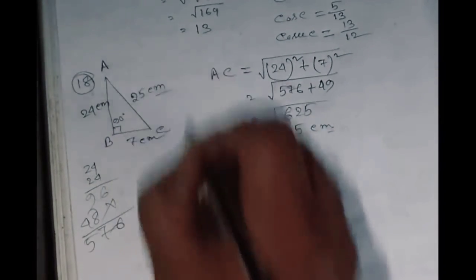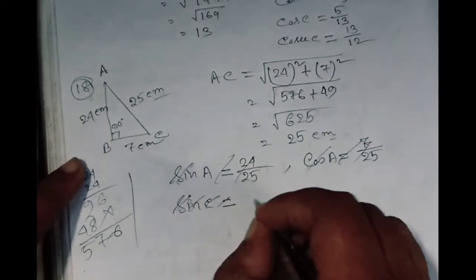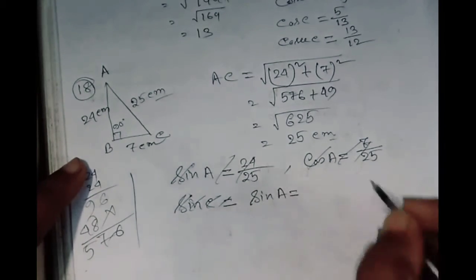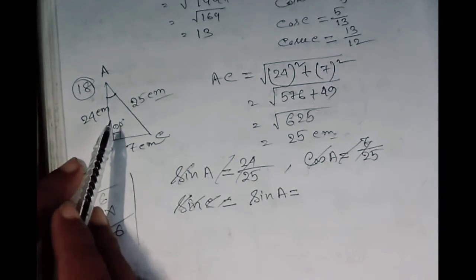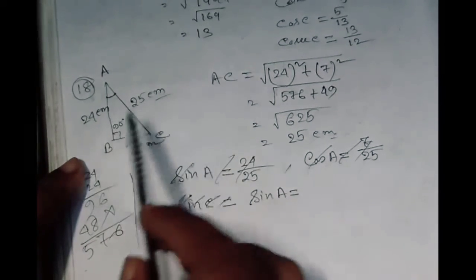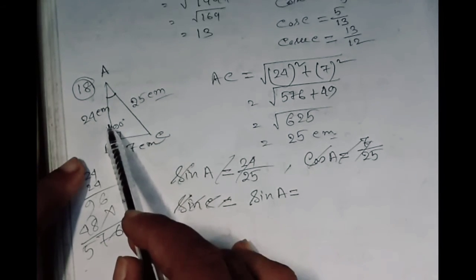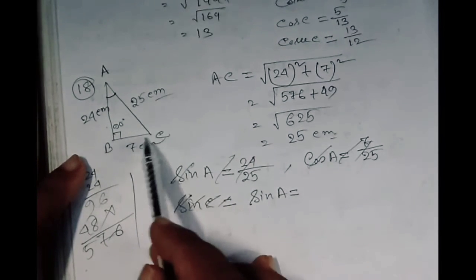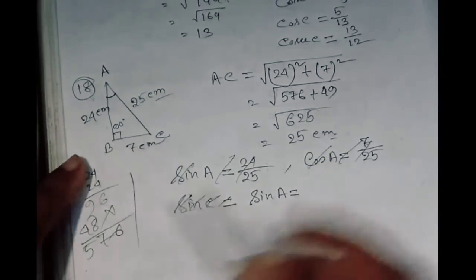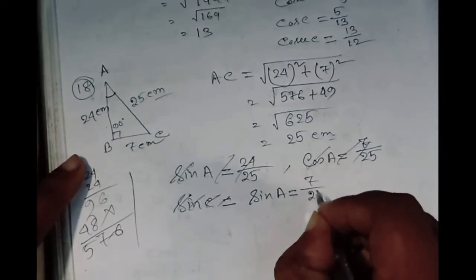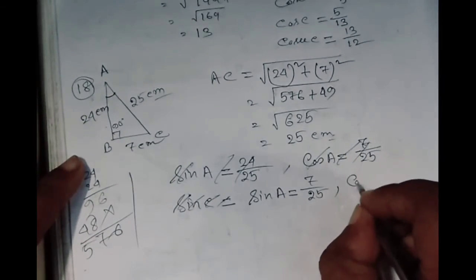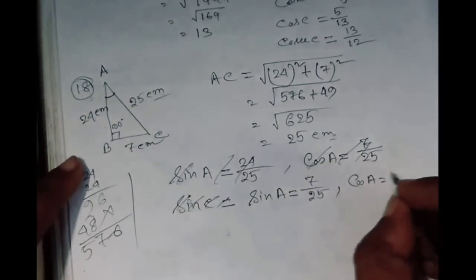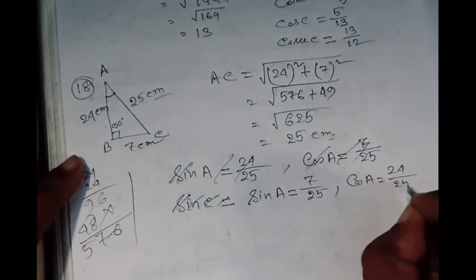So I am writing here 25 centimeter. Okay. Sin A means taking this angle. So if we take this angle, sin A is equal to height by hypotenuse. So in that case, height should be 7 centimeter, hypotenuse 25. So 7 by 25. This is sin A. Okay. Cos A is equal to base by hypotenuse, that is 24 by 25.